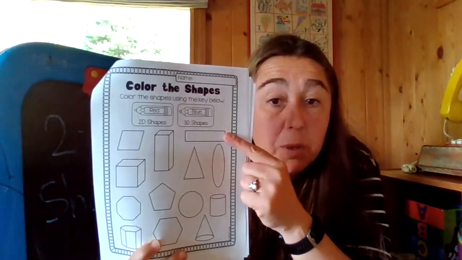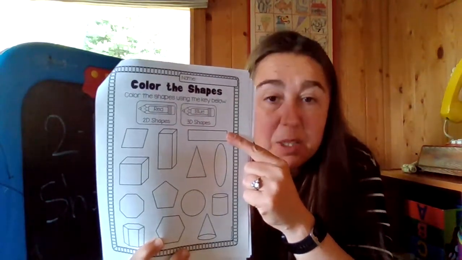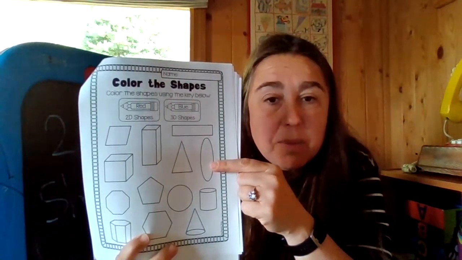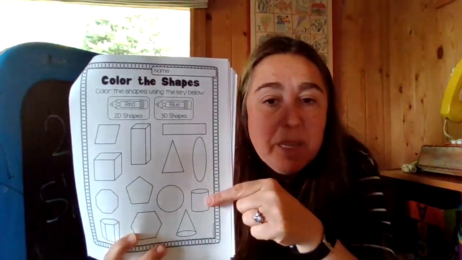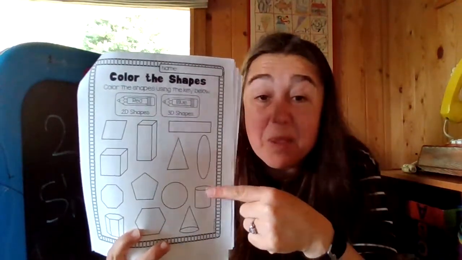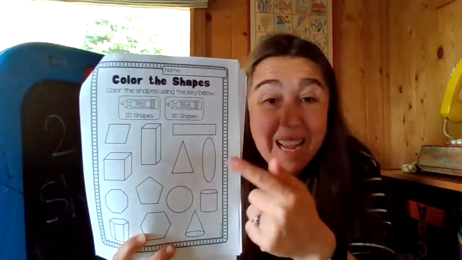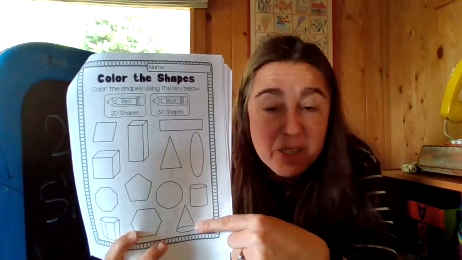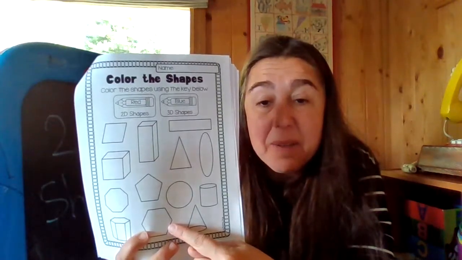So is this blue 2D or red 3D? Blue, good job. Two-dimensional or three-dimensional? Two-dimensional, it'd be blue. Two-dimensional or three-dimensional? You color this one red because, see, not only does it have length and width, but it has height. This one, three-dimensional, red, good job. 2D blue or 3D red?